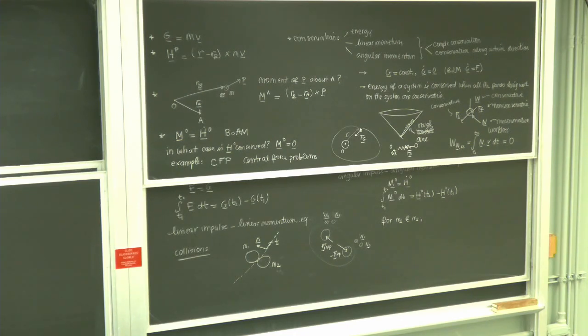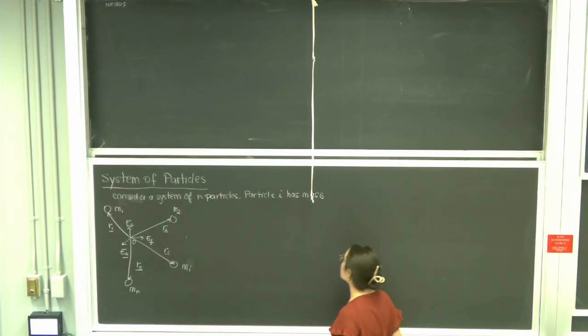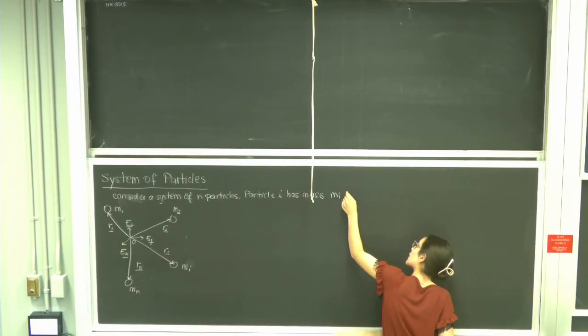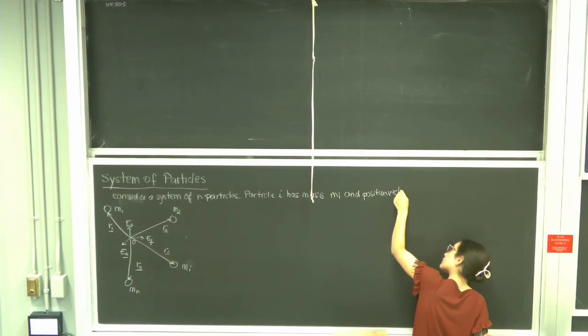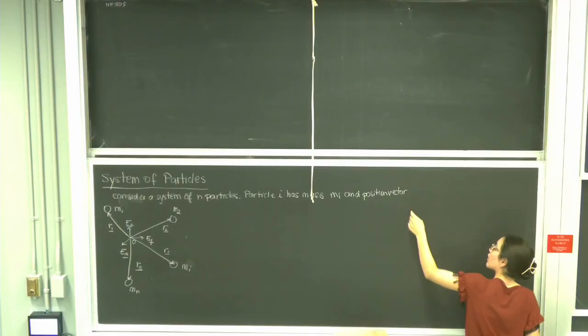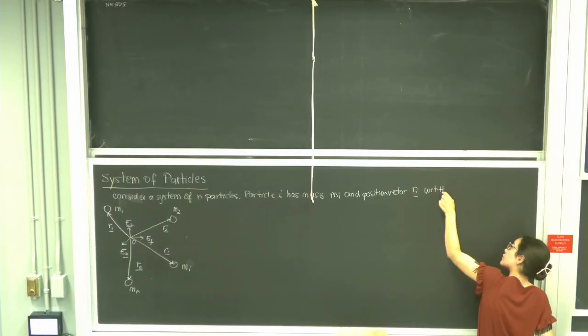For example, particle i has mass mi and position vector Ri with respect to the origin.